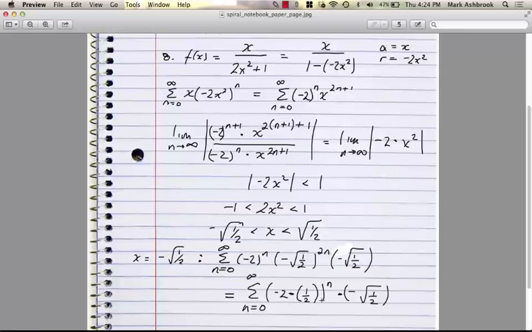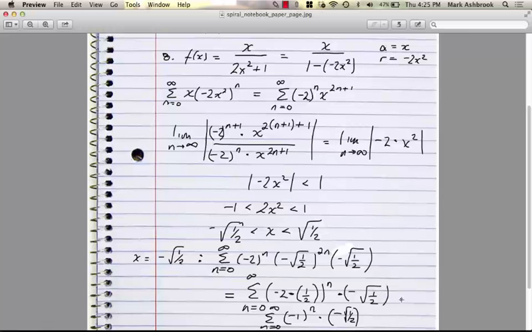Well, that's alternating, and it's just the same value over and over again. So this is negative 1 to the n times negative... so that's definitely divergent, because basically you're just doing negative radical half plus positive radical half, negative radical half, positive radical half, right?